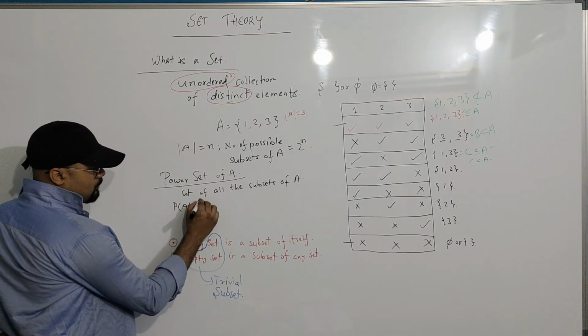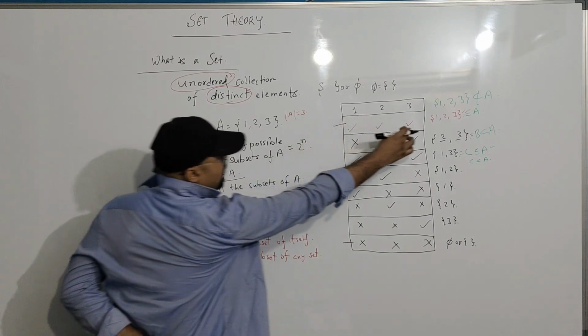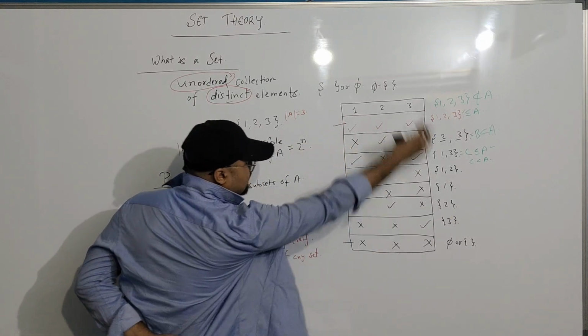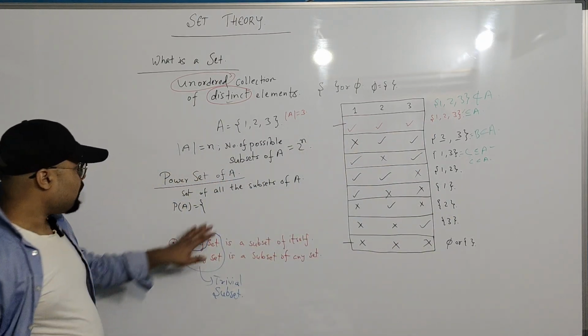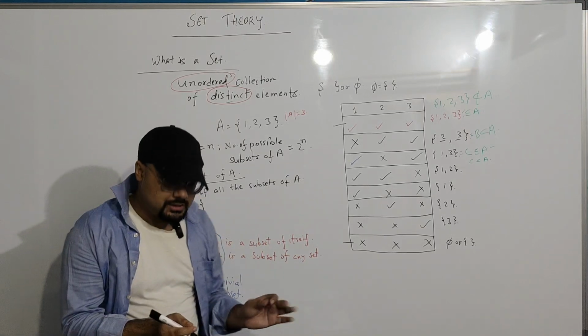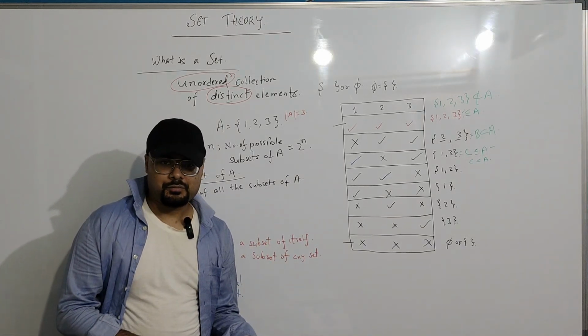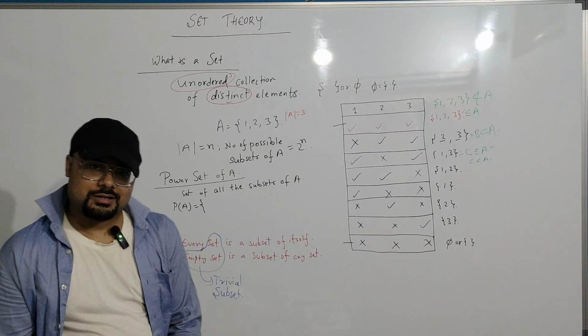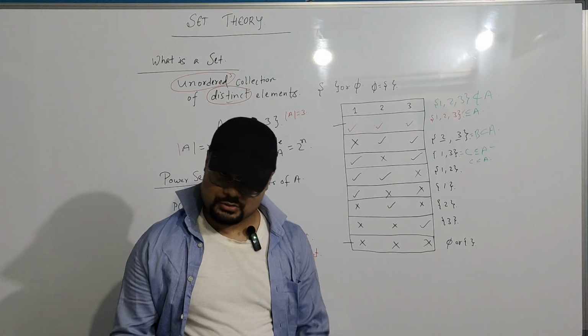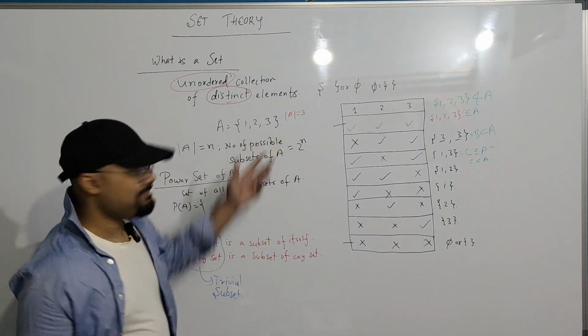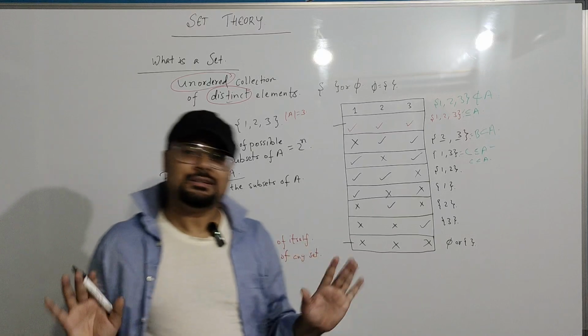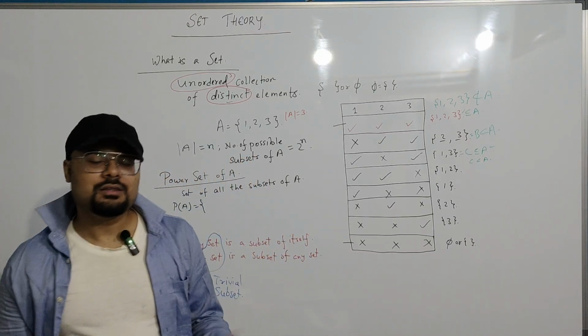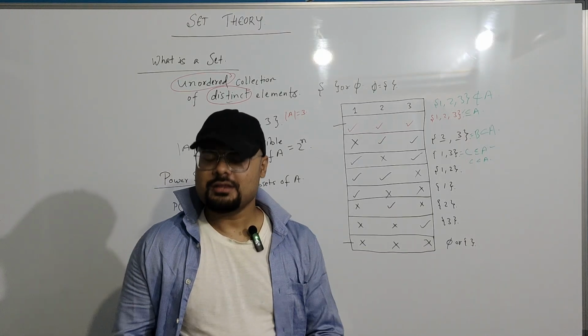Power set of A is going to be equal to all of this. In the power set, each element is a set. So a set can have a set as an element. It is possible. Of course, it just has to be a distinct element. A set can have anything as its element.